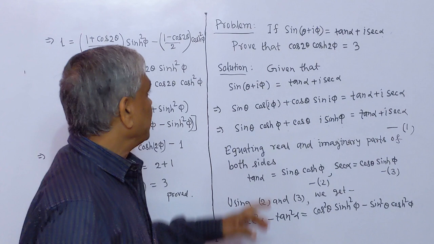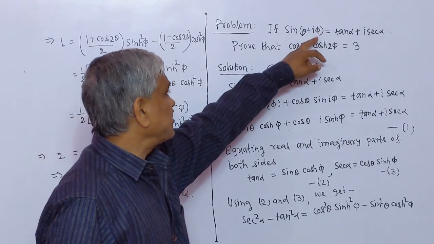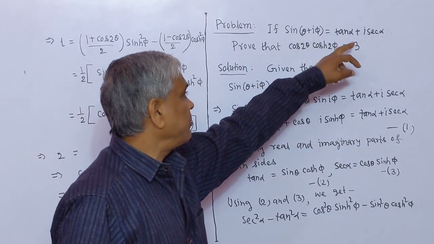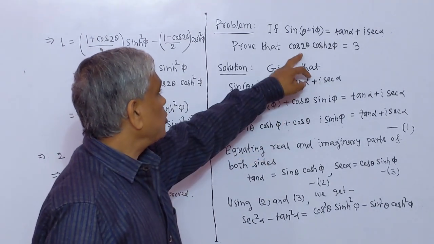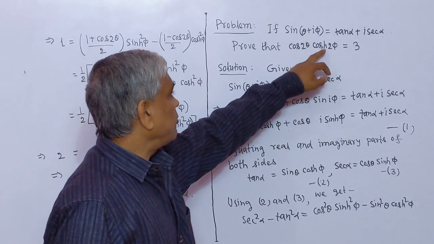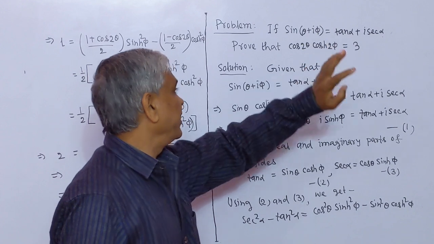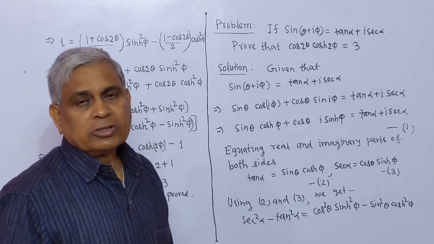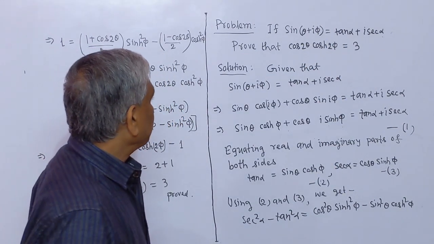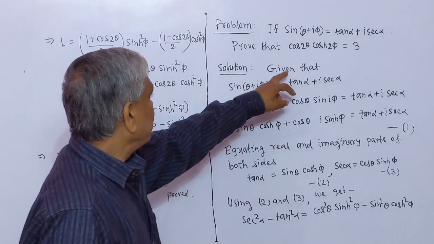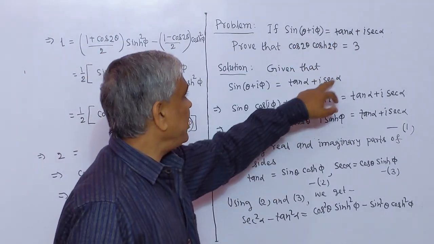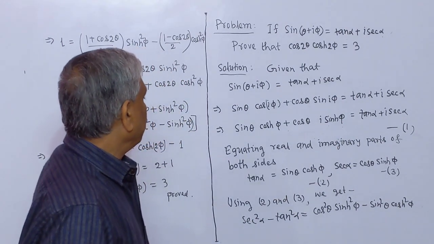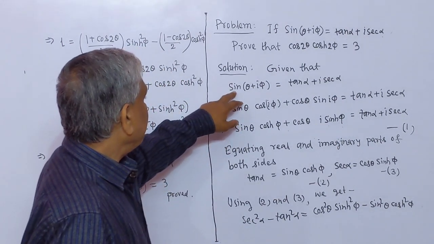Next problem is: if sin(theta plus i phi) equal to tan alpha plus i sec alpha, then prove that cos 2 theta multiply cosh 2 phi equal to 3. Now we solve this. Given that sin(theta plus i phi) equal to tan alpha plus i sec alpha, now we use the formula sin(A plus B).